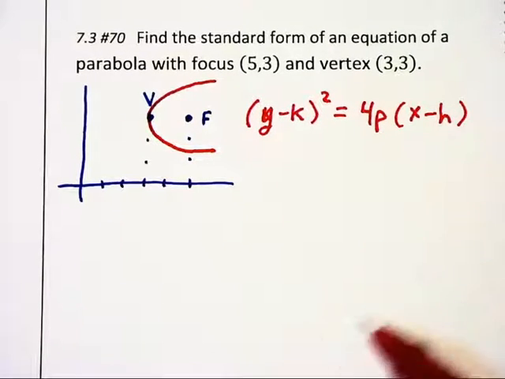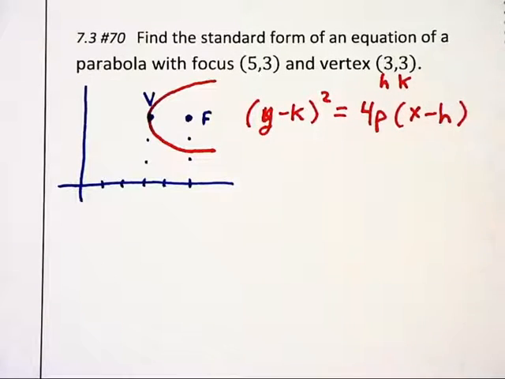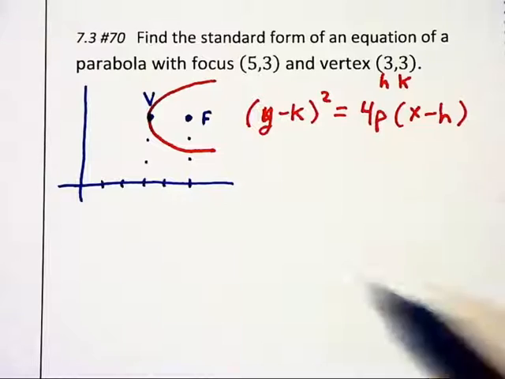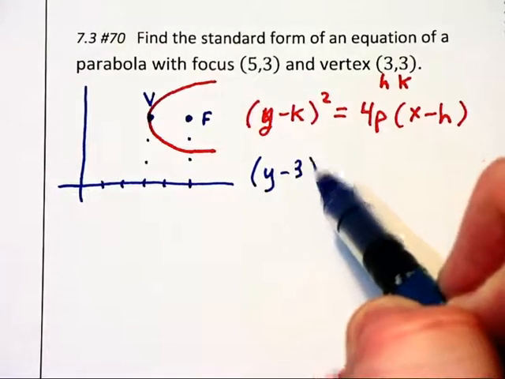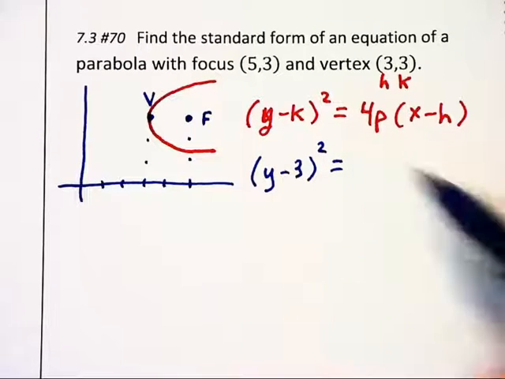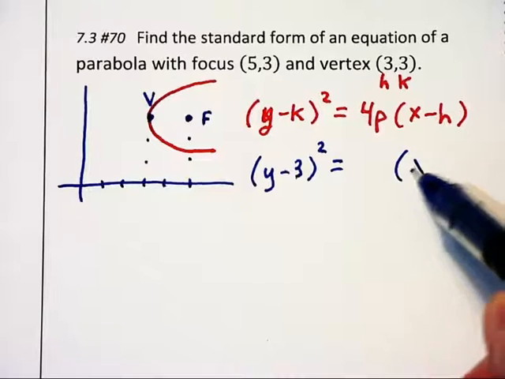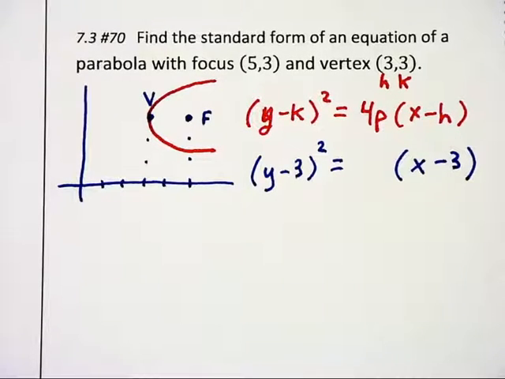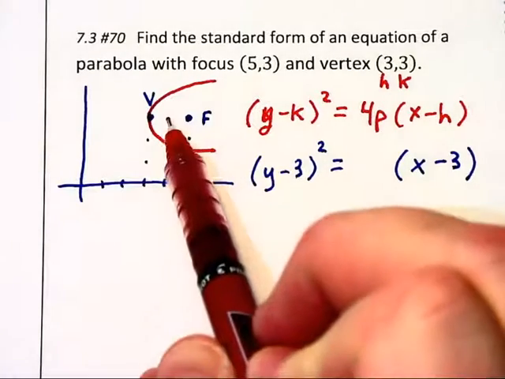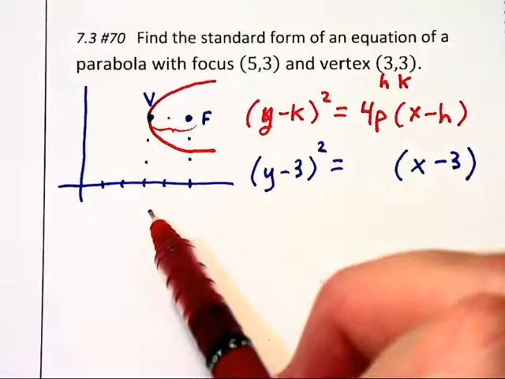Now, we already know the values of h and k from the vertex itself. So we can begin to write (y - 3) squared equals, skip over the 4p for a moment, times (x - 3). Now, looking at the picture, the value of p is the distance from the vertex to the focus.